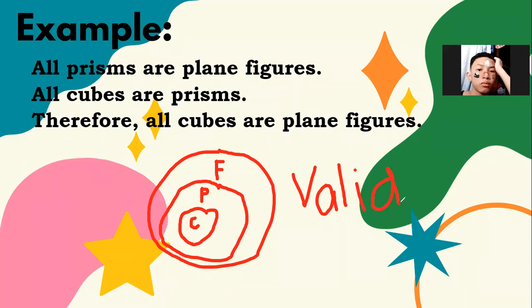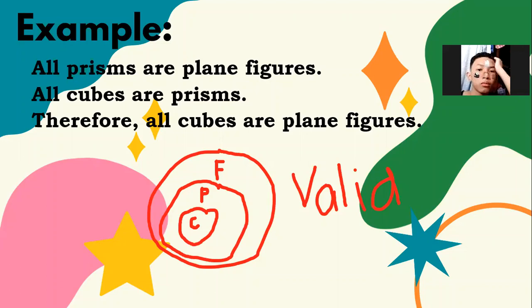So with the aid of the Euler's diagram, pwede nating masabi that the given categorical syllogism is valid or not. Okay po? And base dun sa figure na ginawa natin, it really shows that our conclusion is correct. Nagkakaintindihan mga anak? Opo. Nasundan po ba? Yan. So that's how we establish the validity of categorical syllogism using Euler's diagram.